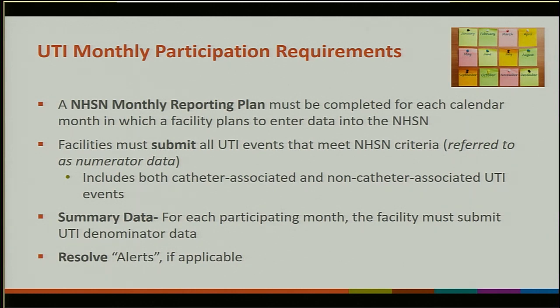At the end of that month, you're going to submit your summary data, and remember, the summary data must be completed even if you did not report any UTIs. So if you performed surveillance and found 0 UTIs in your facility, you still must complete that summary data. And lastly, make sure you resolve those alerts each month so that your data are complete and included in your analysis.